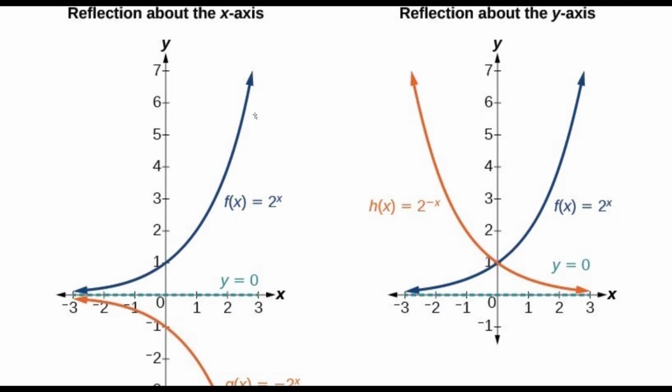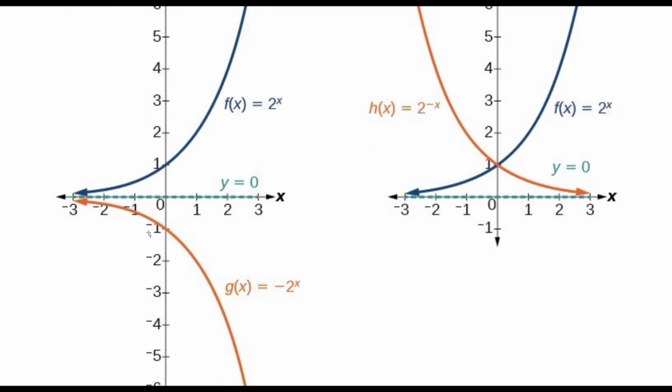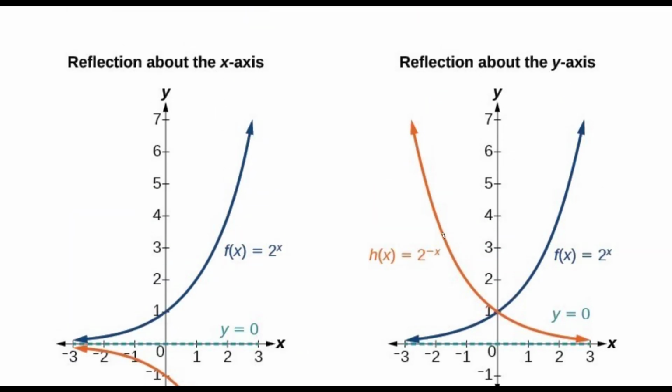Here's our original. Here's the negative leading coefficient. There's a negative in the front, so it reflects across the x-axis. And here's our original, and the orange is where it's been reflected across the y-axis, because the negative applies to the x first.